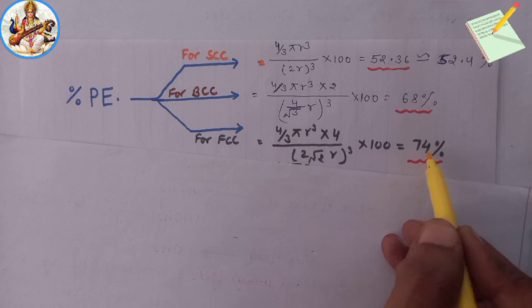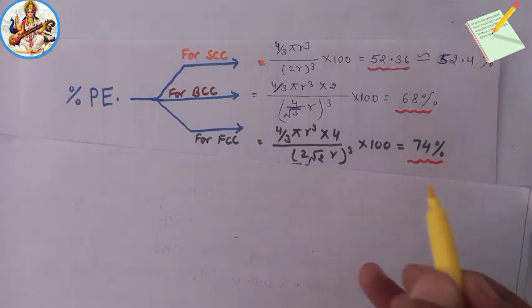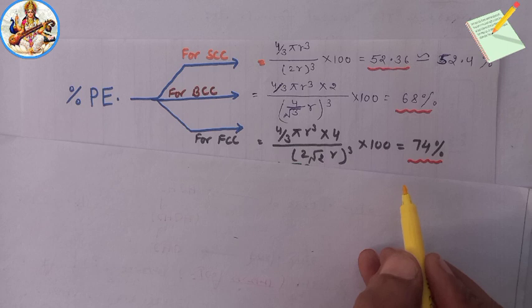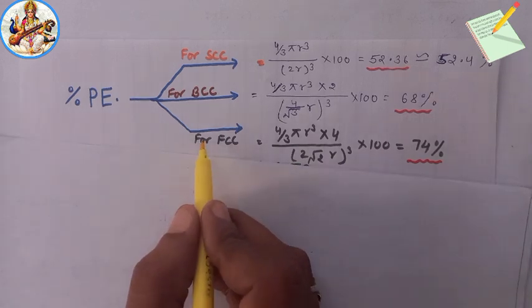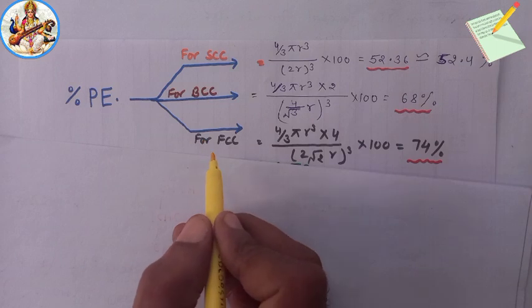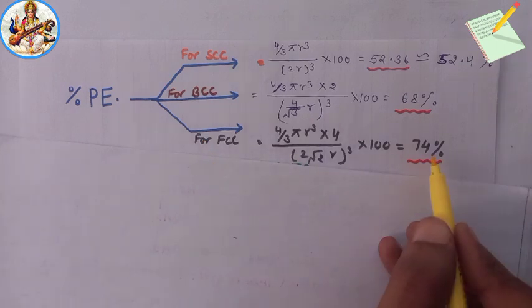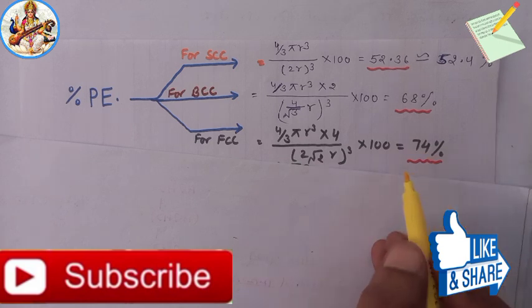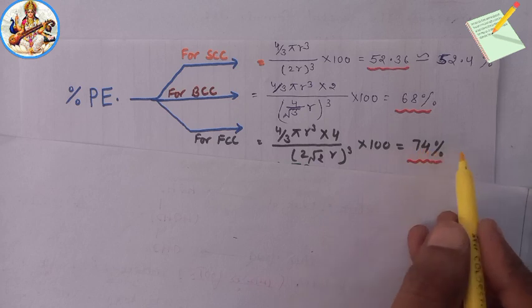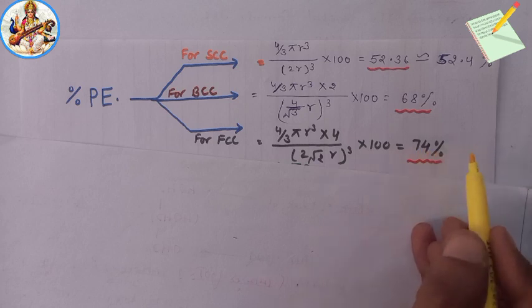Resultant value is 74%. Hence, the total volume occupied by spheres in FCC or CCP or HCP unit cell is 74%, while the empty space or voids between the particles is 100 minus 74 is equal to 26%.